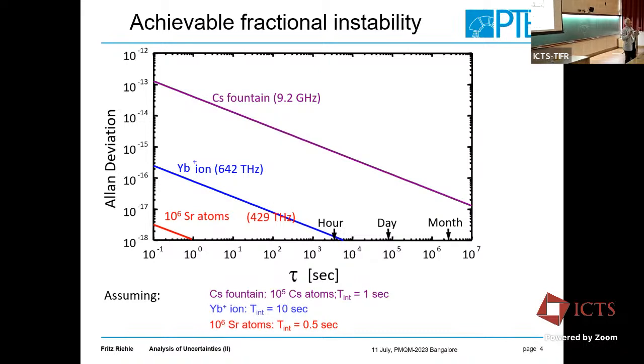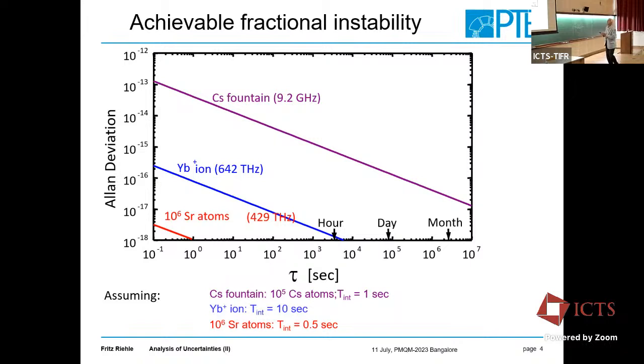If you want to come down to, let's say, 10 to the minus 16, then it would take you a month or so to do the measurement to put the instability of the cesium clock down so that you can compare two cesium clocks with 10 to the minus 16.